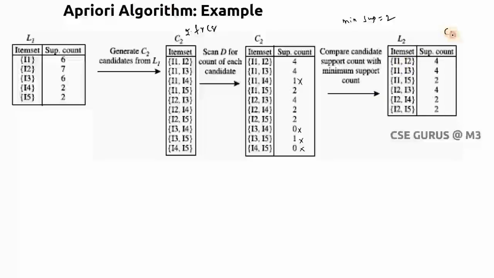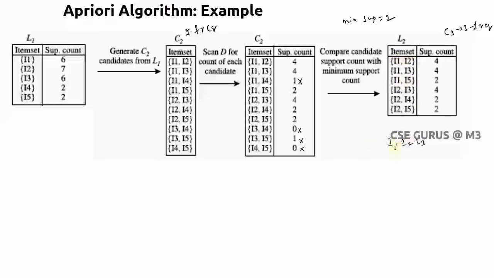After finding L2, what do you need to find next? C3. So what is C3? C3 means the three frequent item sets. From this I need to find 3 frequent, 3 joins. In each line I need to get only 3 items, not 4, not 2. So if I make joins of I1 I2 and I1 I3, can I combinedly say I1 I2 I3, if I join the first two parts?